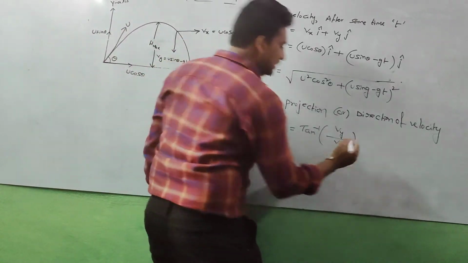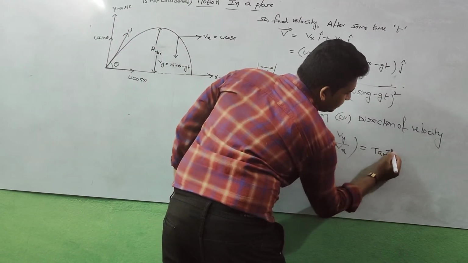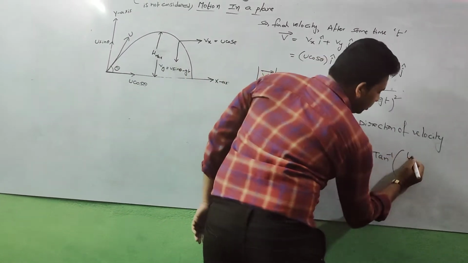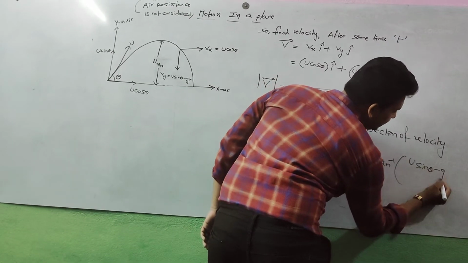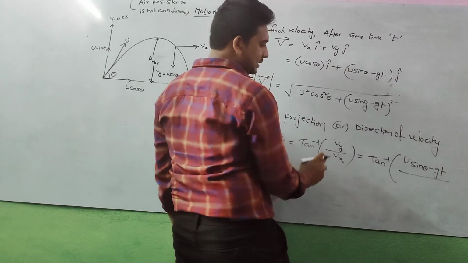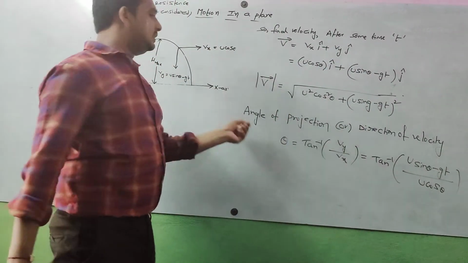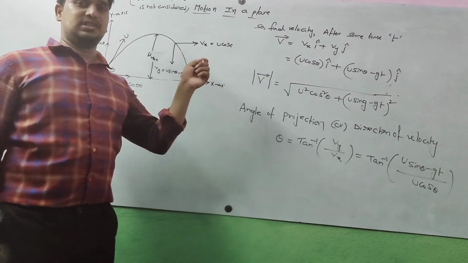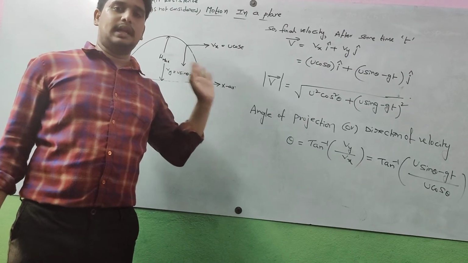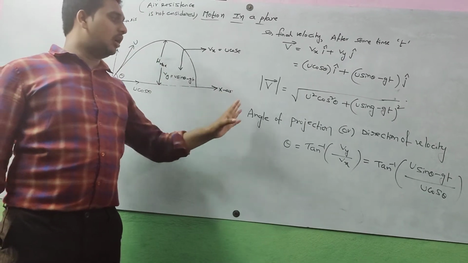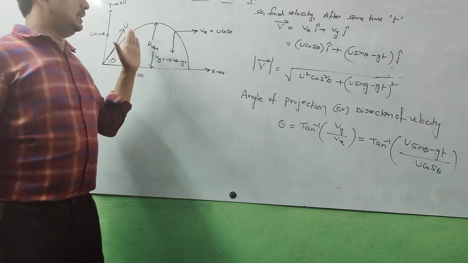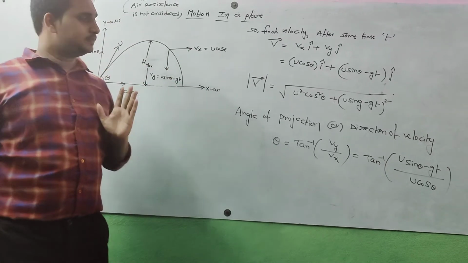That means tan inverse of (u sin theta minus gt) by (u cos theta). This is the angle of projection or direction of velocity, which we got in the case of projectile motion.